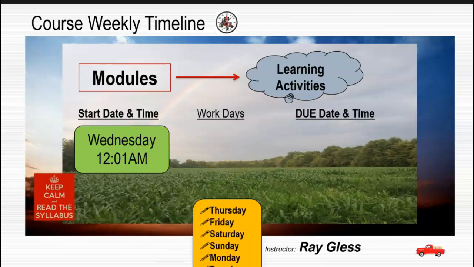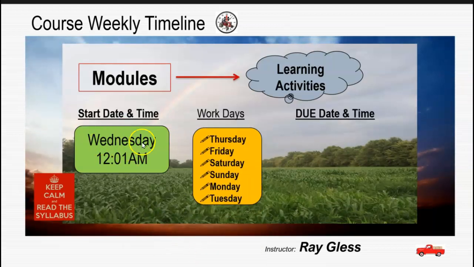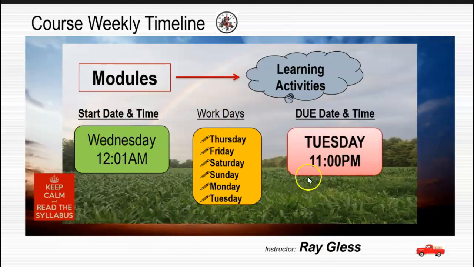So realistically, it opens up on a Wednesday, and then you have Thursday, Friday, Saturday, Sunday, Monday, Tuesday to complete the work within that module. Tuesday is the due date and time. It's always Tuesday at 11 p.m. Okay, that's the deadline. So remember, each weekly module starts on Wednesday and ends on the following Tuesday.